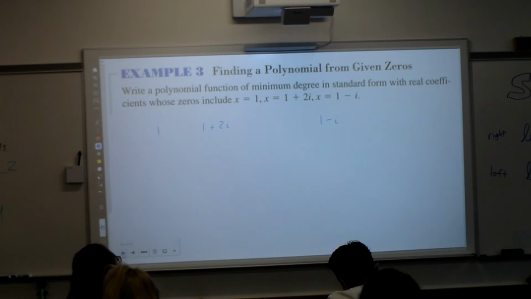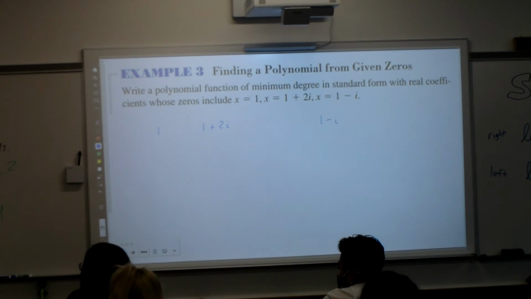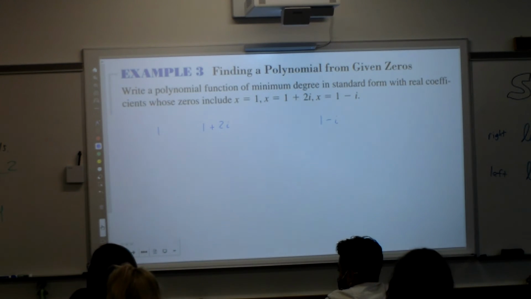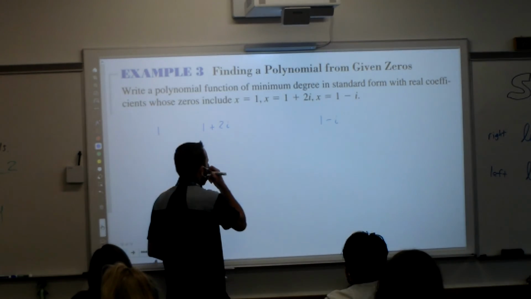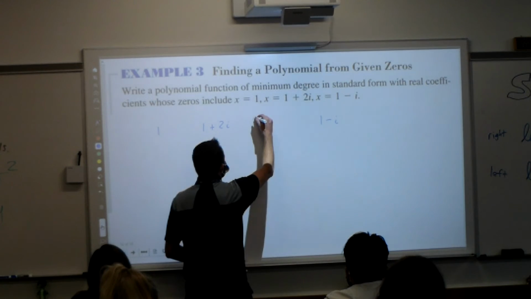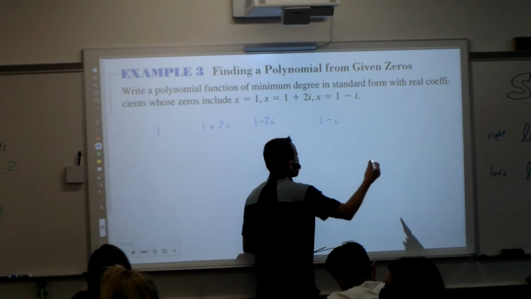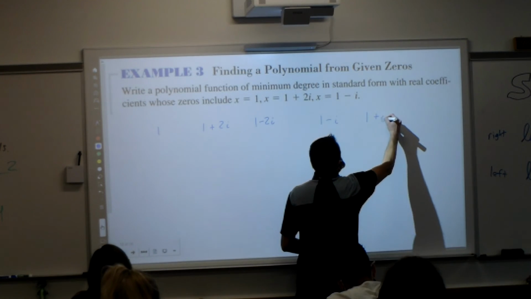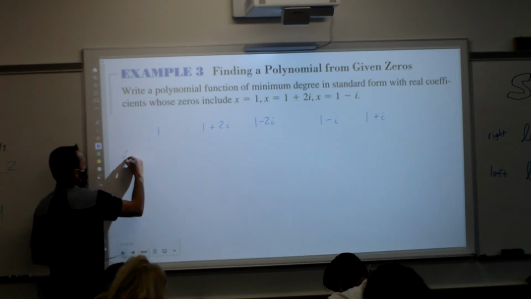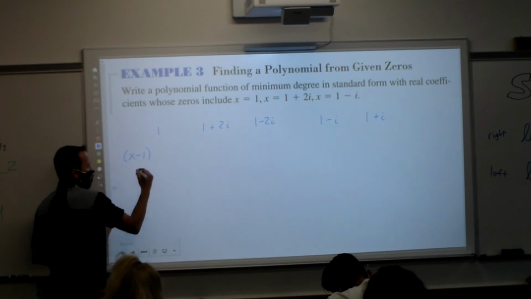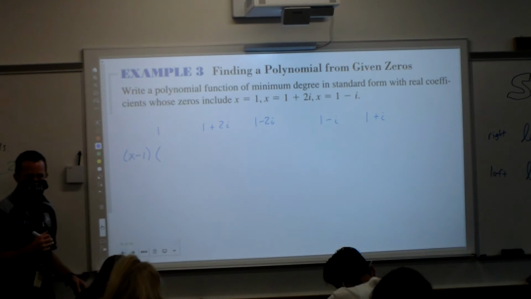Alright, let's call on two people here. Let me get Lashea and Charlie. So Lashea, if 1 plus 2i is a root, what else needs to be a root? Good. Charlie, what if 1 minus i, what else needs to be a root? Good. How do I write this in parentheses? Well, the one that's easy is just x minus 1, right? Well, what did we say about writing the complex roots in?